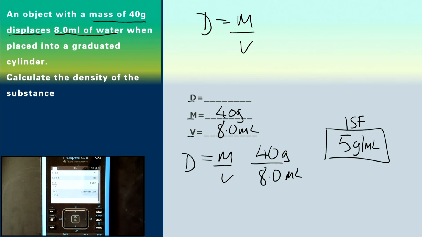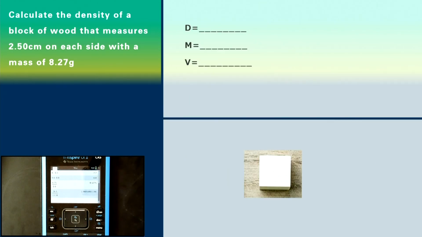Okay. Next word problem. We're going to calculate the density of a block of wood that measures 2.50 centimeters on each side. So it's 2.50 centimeters on each side. And down there. So if we wanted to find the volume, it's going to be length times width times height.